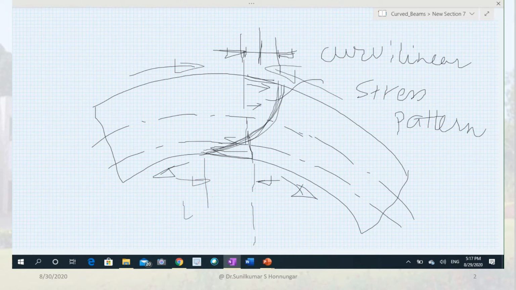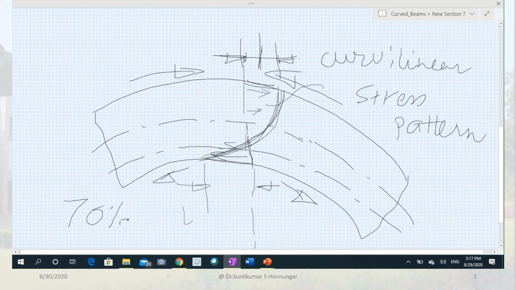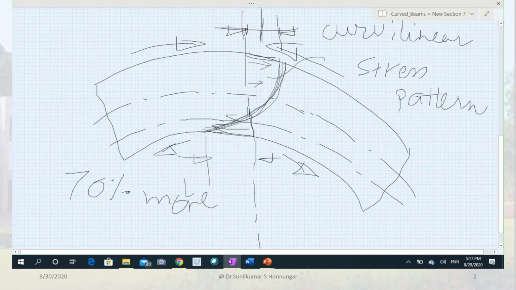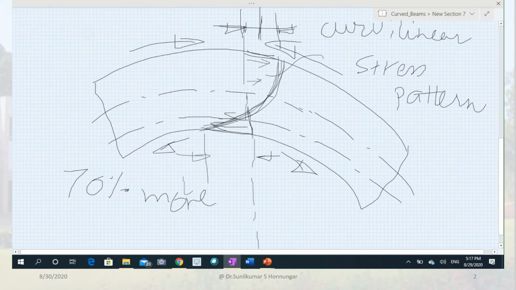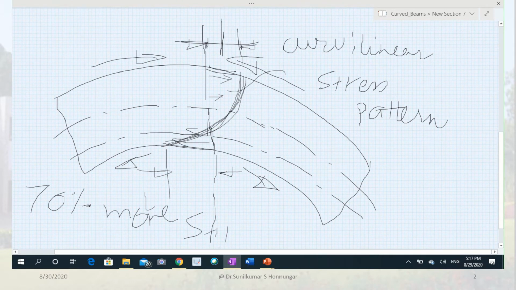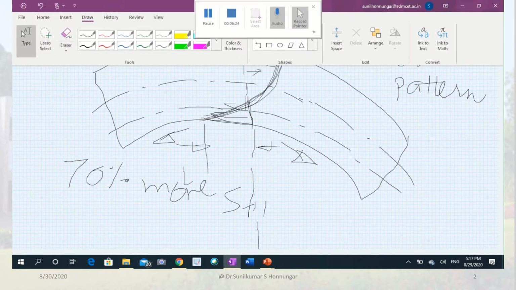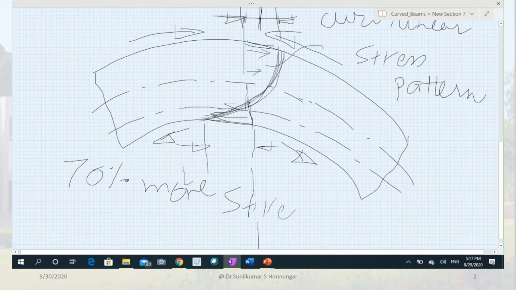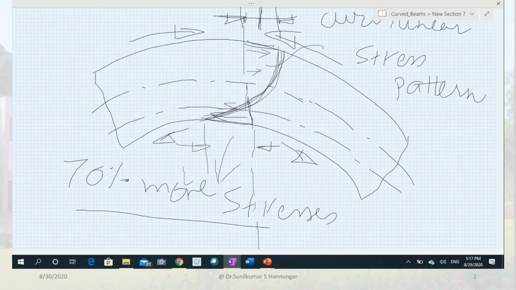But now you listen: it is noticed that 70% more stresses are going to act at the inner fiber compared to the straight beam.